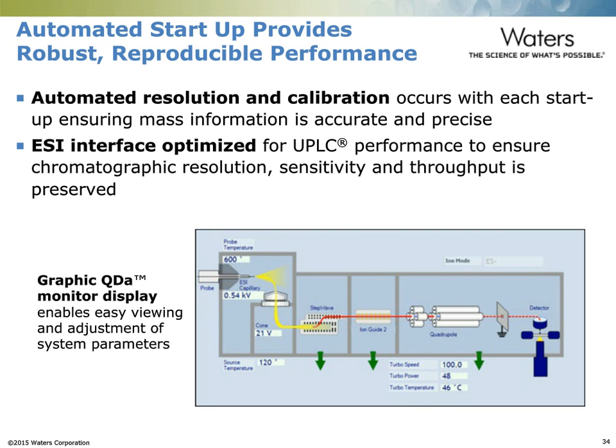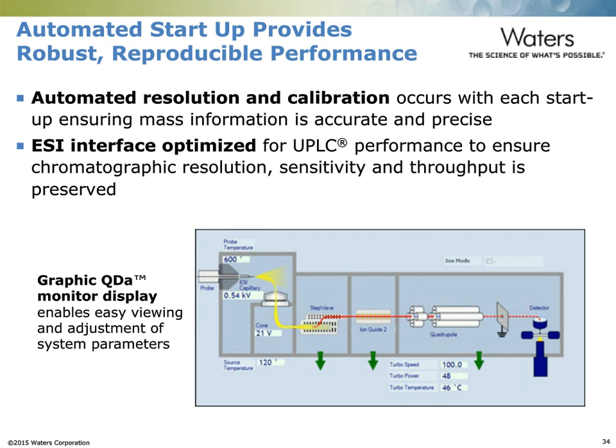I show on the bottom the graphical display that you would see if you were looking at this instrument within our Acquity console, or the way that you would interact with the instrument. Part of showing this is to highlight the fact that while the instrument is meant to be a very simple-to-use detector, it does incorporate a lot of the technologies from our higher-end and more revolutionary mass spec instruments.